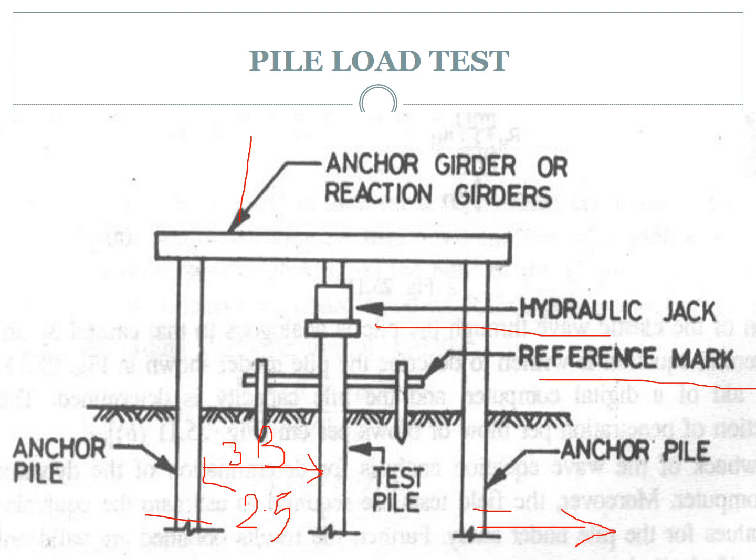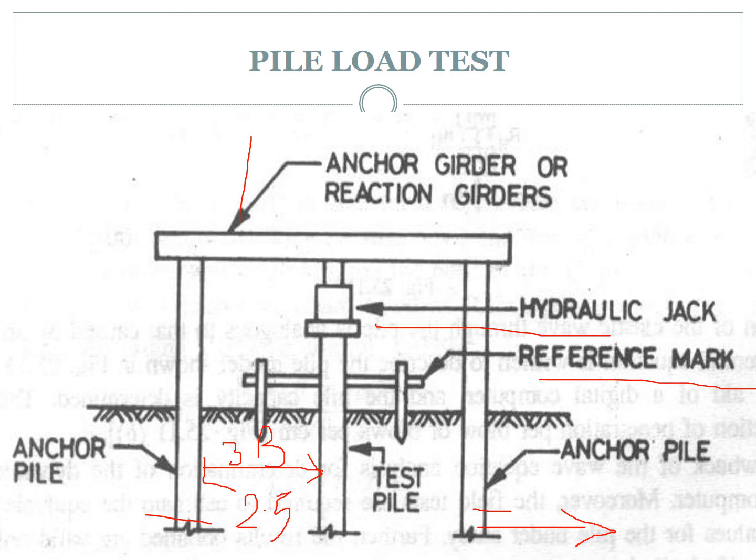After each load increment, settlement is observed at 0.5 minute, 1 minute, 2 minutes, 4 minutes, 8, 12, 16, 20 minutes and so on. The loading should be continued up to twice the safe load, or the load at which the total settlement reaches a specific value.